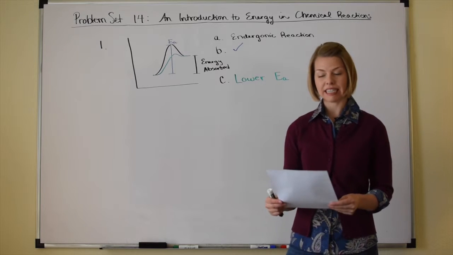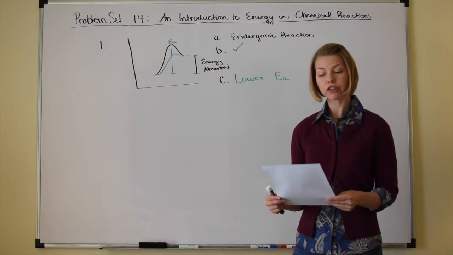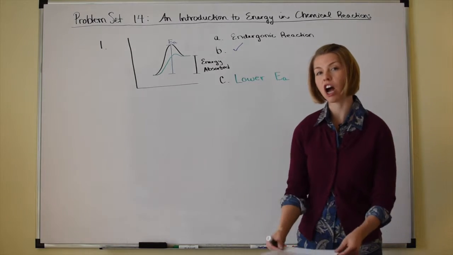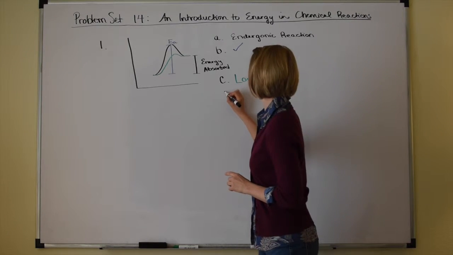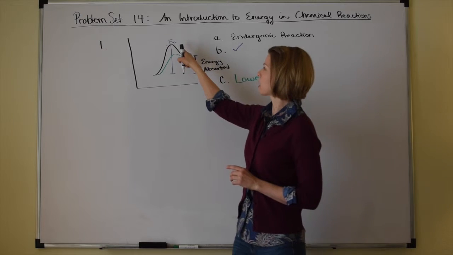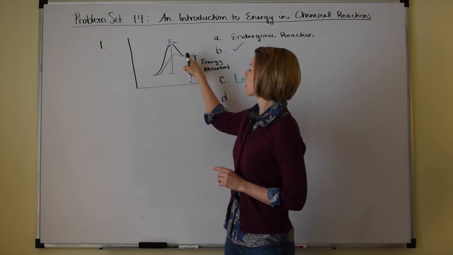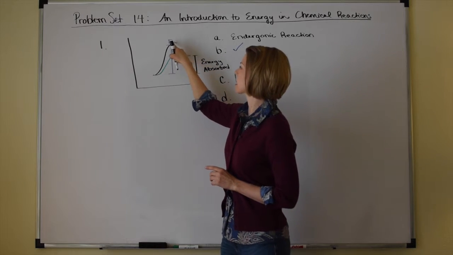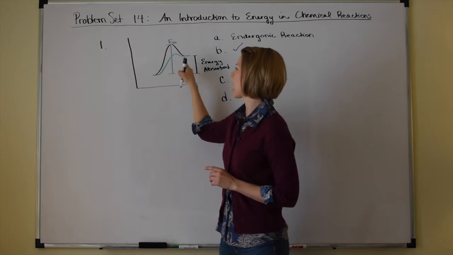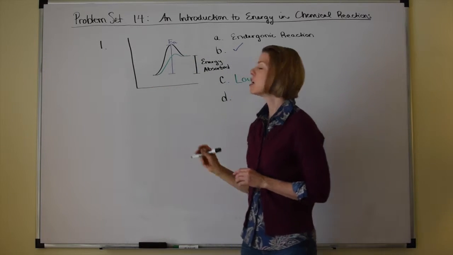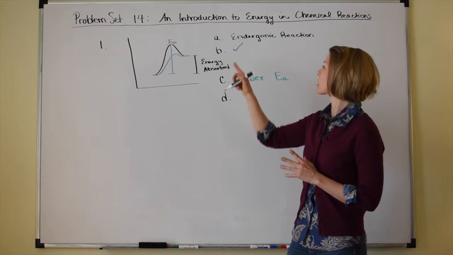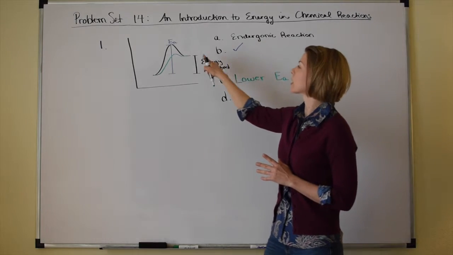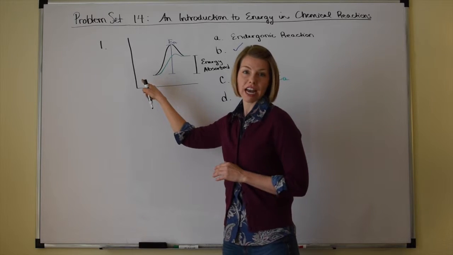Okay, and D. Is the reverse of this reaction endergonic or exergonic? So D, the reverse reaction going from the higher energy products here to these lower energy reactants, reversing this reaction. Remember that the reverse of an endergonic reaction is always going to be an exergonic reaction.